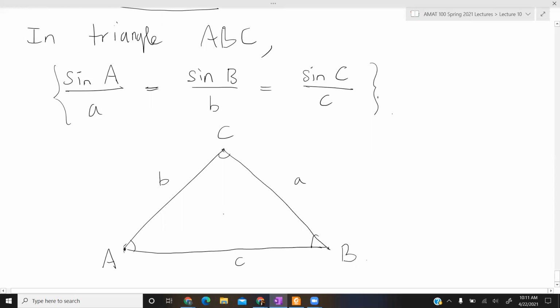And you can use them to solve the triangle, which, as I said, means solving for the rest of the essential information about the triangle. The essential information being the lengths of the sides and the angles.